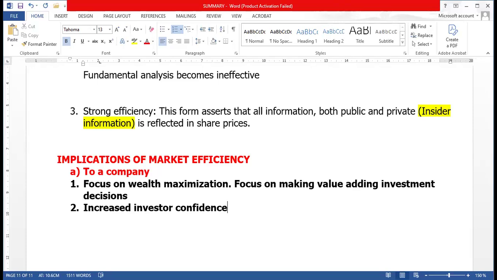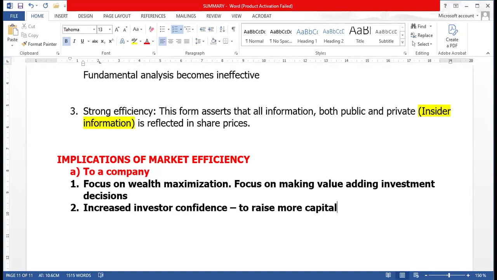Once investors trust in you, they are going to bring capital. This will help you to raise capital, because investors are going to inject into your company. So this will help the company to raise more capital in the long run.